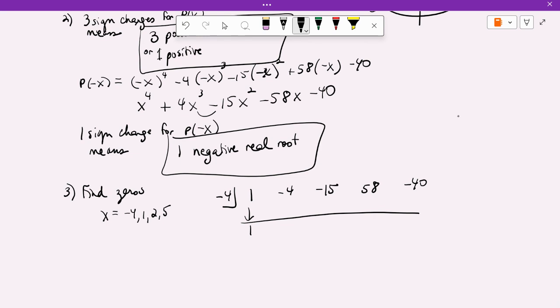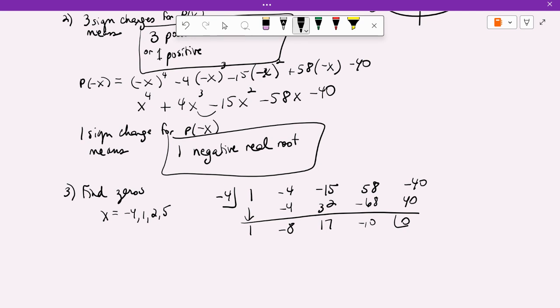Okay, so we're going to do our synthetic division. And let's see what we get. I'm hoping I get, what's -15 plus 32? 17? Yeah, I don't know what 17 times, I think that's -68. Is that real good? Oh, look at that. Did I expect to get 0 as a remainder?